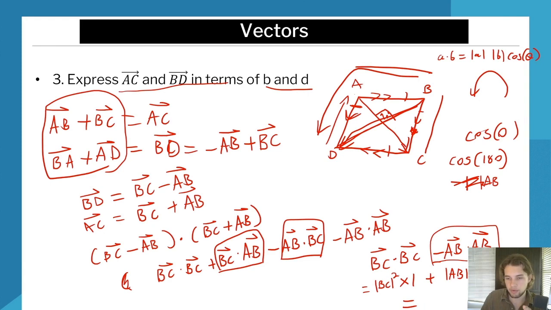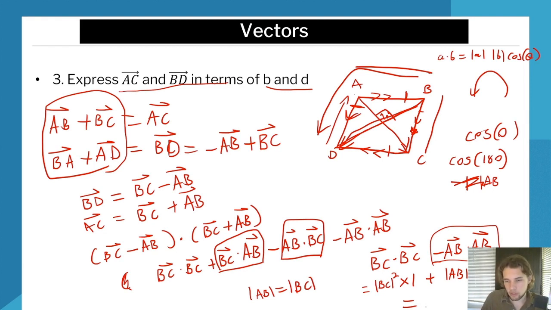Now we go back to what we learnt before, and we realize the magnitude of each of these lines is actually the same. The magnitude of A to B is the same as the magnitude from B to C, because each side of this rhombus has the same length.